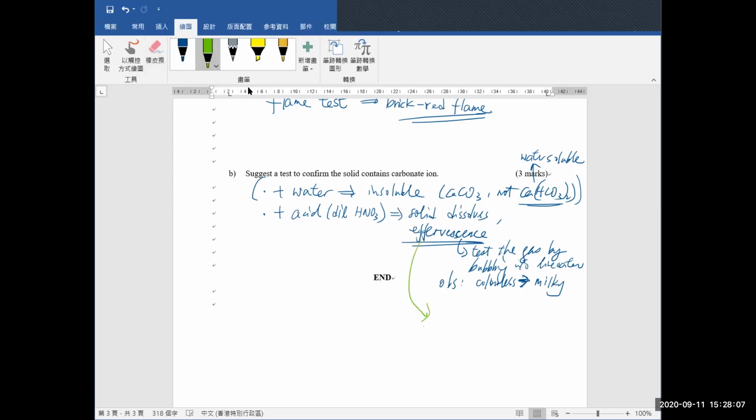You may think of something else, right? Effervescence you may also test. Maybe use some tests to help rule out. Yes, good. You may test the gas with a filter paper soaked with acidified potassium dichromate solution, and check what the expected observations are.